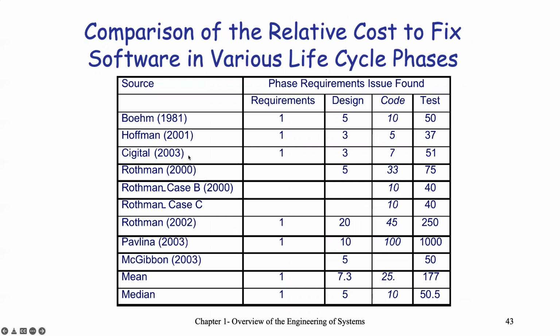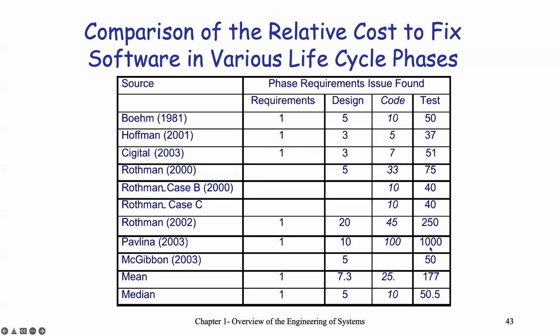So here's comparisons of the relative cost to fix. And so this is a focus on software, and some of the things that Booty focuses on is a little bit more software centric, but not always. But you can see how there's this tremendous exponential growth in the amount of cost it takes to fix errors as you go along.